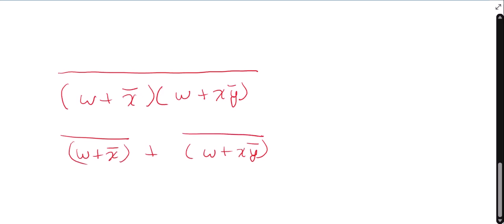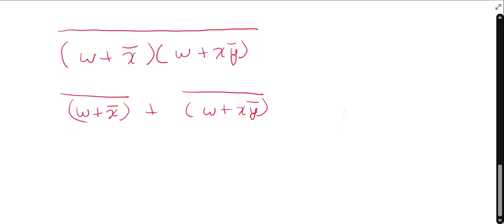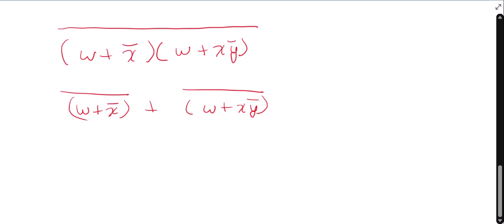this. So I start with the operation that's most on the outside, which is that AND gate. And now the not of an AND becomes the OR of the nots. Now I have the not of an OR, and that becomes the AND of the nots.